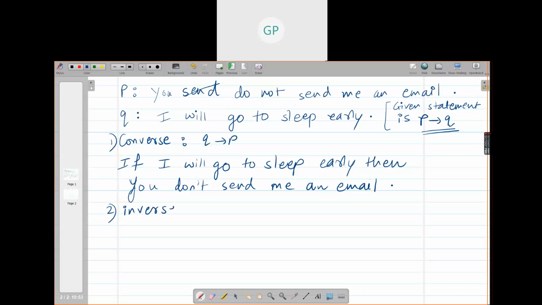Yes, ma'am. What is inverse? Negation P implies negation Q. Correct. So put it in words. Now this is, you do not send me. So what will be its negation?